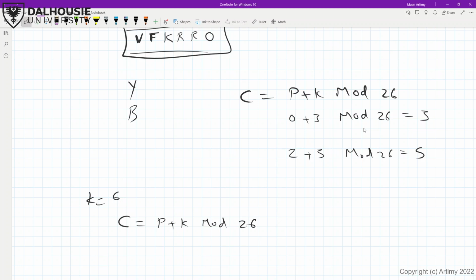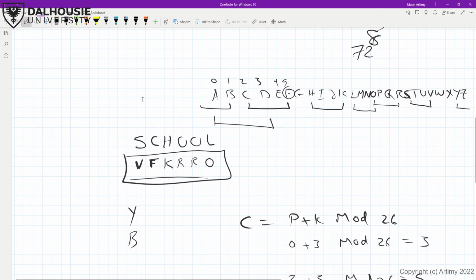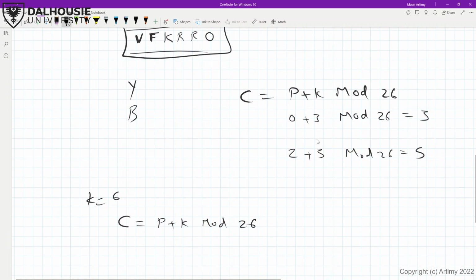If I want to replace the school here, S has a number, so 6, 7, 8, 9, and this is 10, 11, 12, 13, 14, 15, 16, 17, 18, 19. All right, so for S, that would be 19 plus 6 mod 26. So that's 25 between the two of them, right? 25. So 25 mod 26 is 25.